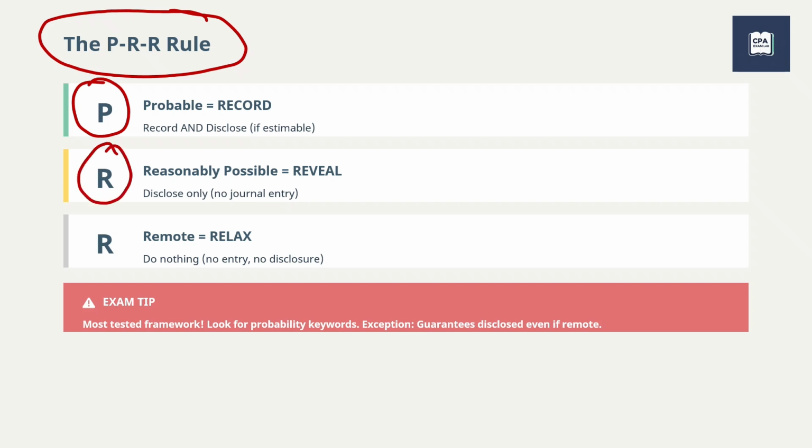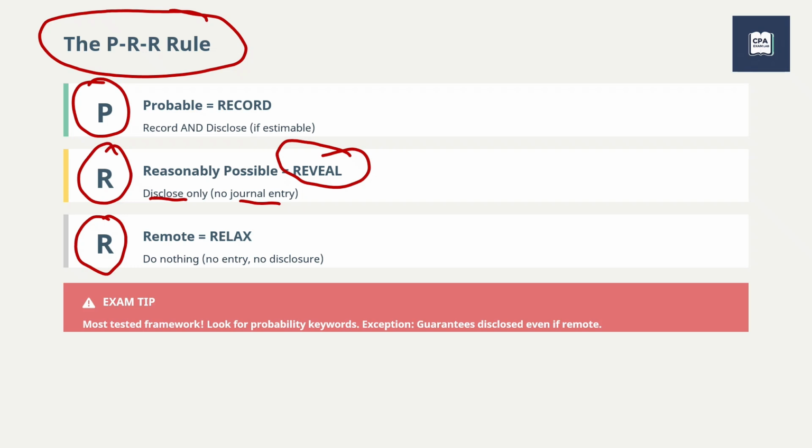If a loss is reasonably possible, you disclose it, no journal entry. For the PRR rule, if you hear remote, you just relax. What does it mean? You do not make the journal entry and you do not disclose it in the footnotes.